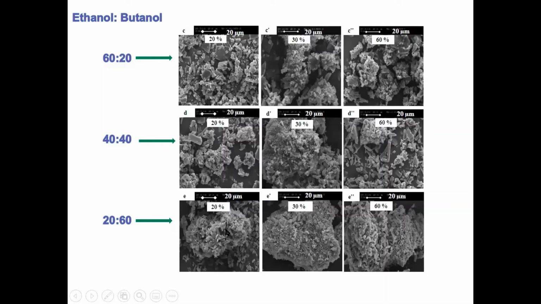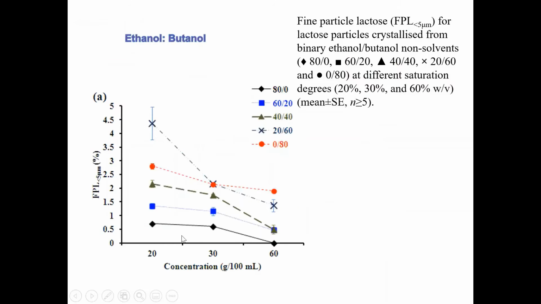They play a major role in detachment of particles from carrier surfaces. So the role of these binary mixtures of anti-solvent is tuning the surface of lactose particles to optimize the formulations.